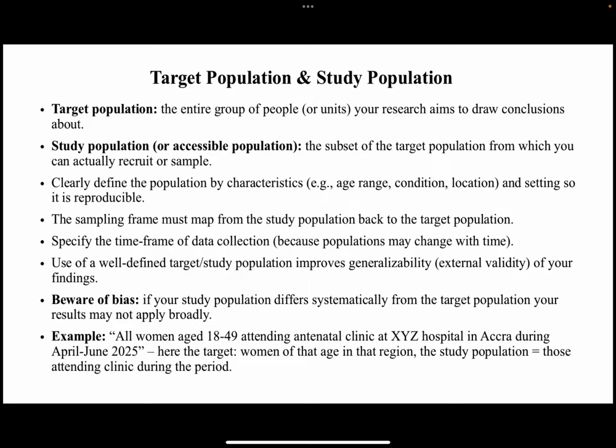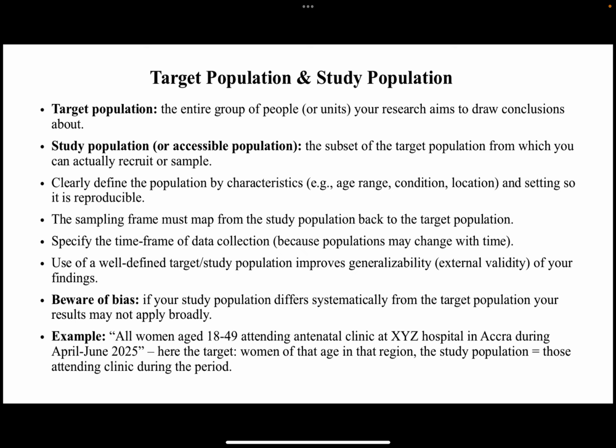A target population refers to the entire group of people or units your research aims to draw conclusions about.